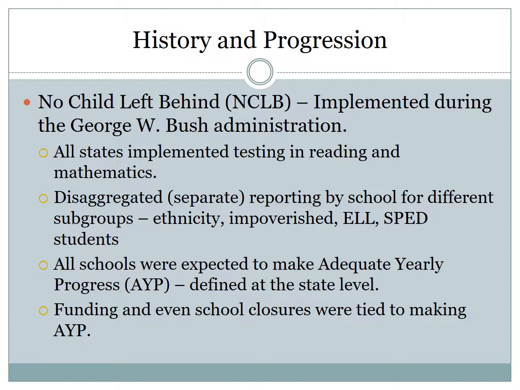So they could actually talk about the percentage increase they wanted to see in achievement in their schools, for example. Funding and even school closures were tied to making AYP. So, for example, if a school didn't hit their targets in AYP for 3 years in a row, usually the state would send in money, part of that provided by the federal government, to try to improve the school. And then if it didn't improve over time, they would shut the school.